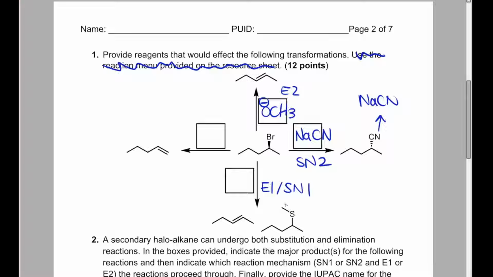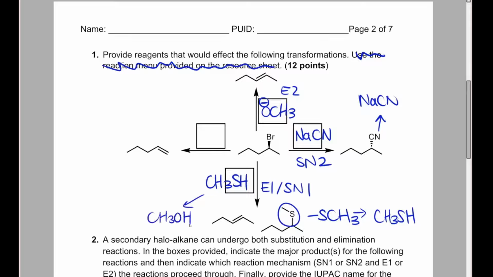In this case, the substituted group is SCH3, and we can protonate it into CH3SH as a weak nucleophile or base. As you remember, this is really similar to CH3OH or methanol, which is also a weak nucleophile/base. So I'm going to write that down as our reagent, and I'll show you both of the mechanisms.